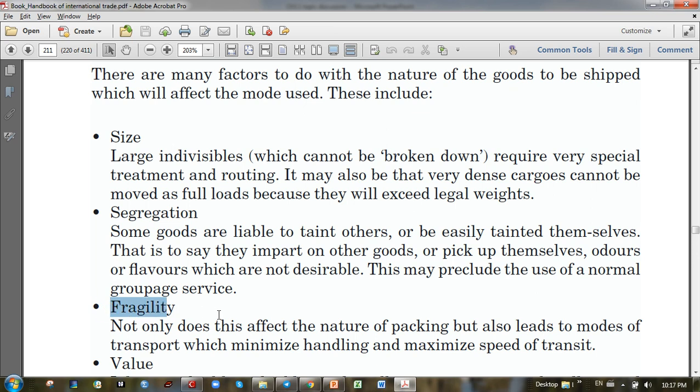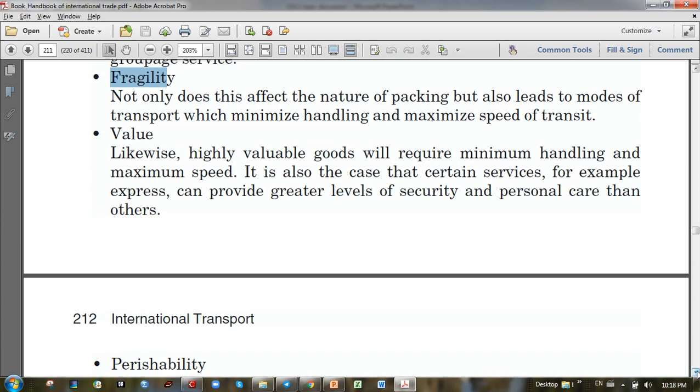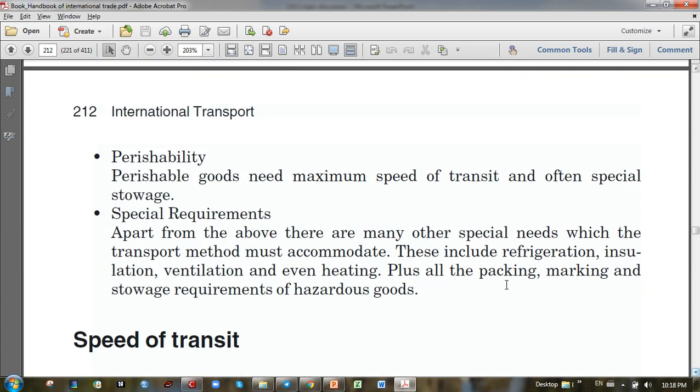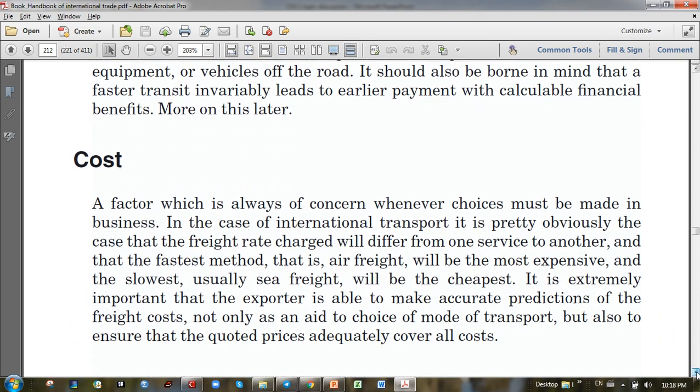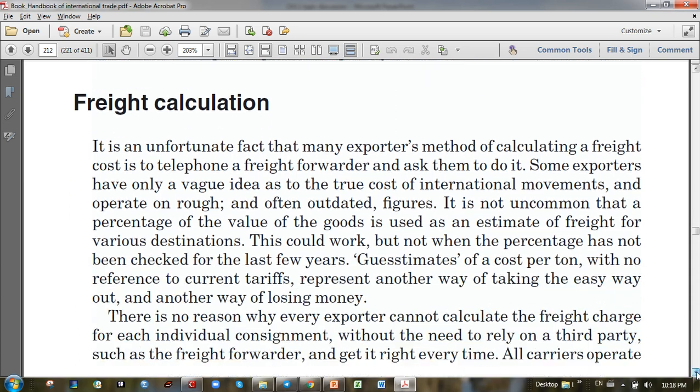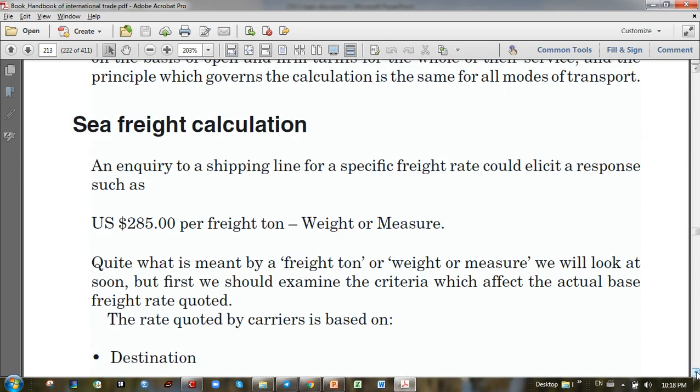In the content I don't put too much detail on that, but in the answer it must be a little more detailed. Then value, perishability, special requirements, speed of transit, cost, and freight calculation.